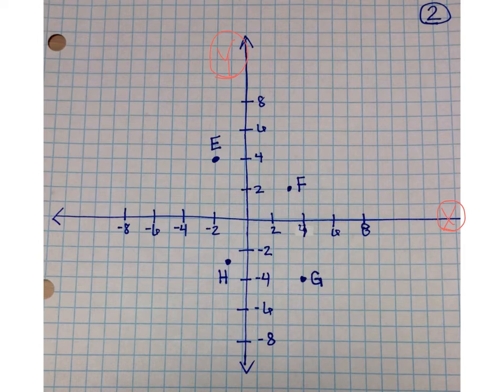So let's do, I'm going to write in black, E. I'll just put an E here. Then coordinates are given. You usually do them in parentheses. So for E, we're going to do the x-axis first. So we go 1, 2, which is -2. So we're going to say -2. Then we're going to go 1, 2, 3, 4.